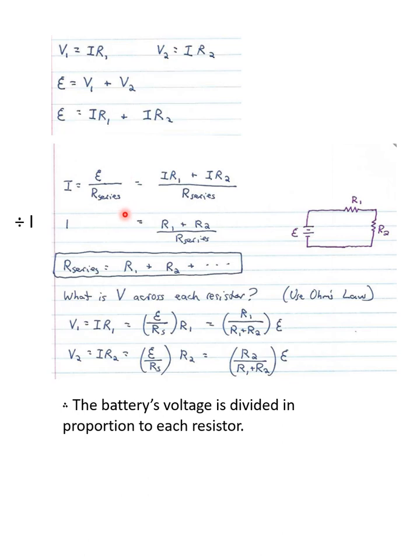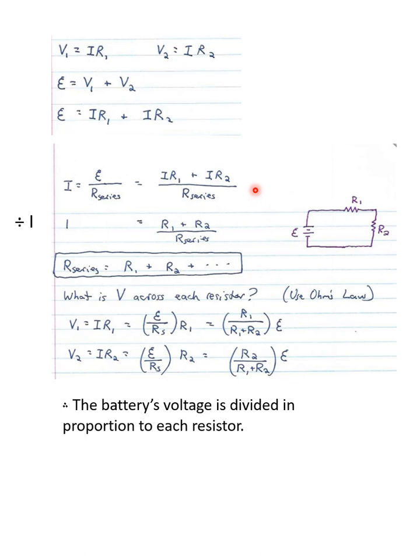We could say the total resistance of the circuit. Here I've labeled it as the resistance of the series. Now, let's make this substitution. Electromotive force is IR1 plus IR2. We're still dividing by resistance of the series.